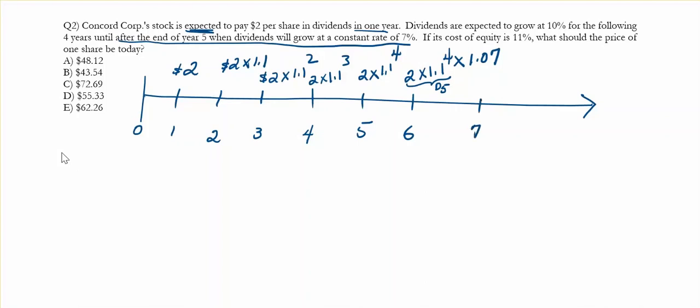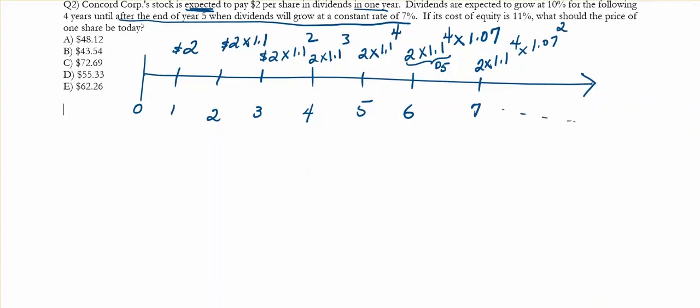And after this point, we will continue to only grow every year at 7%. So the year 6 dividend could be written like that, and then we would square the 1.07. At that point, I can do my ellipse because the pattern will hold after that forever at 7%.